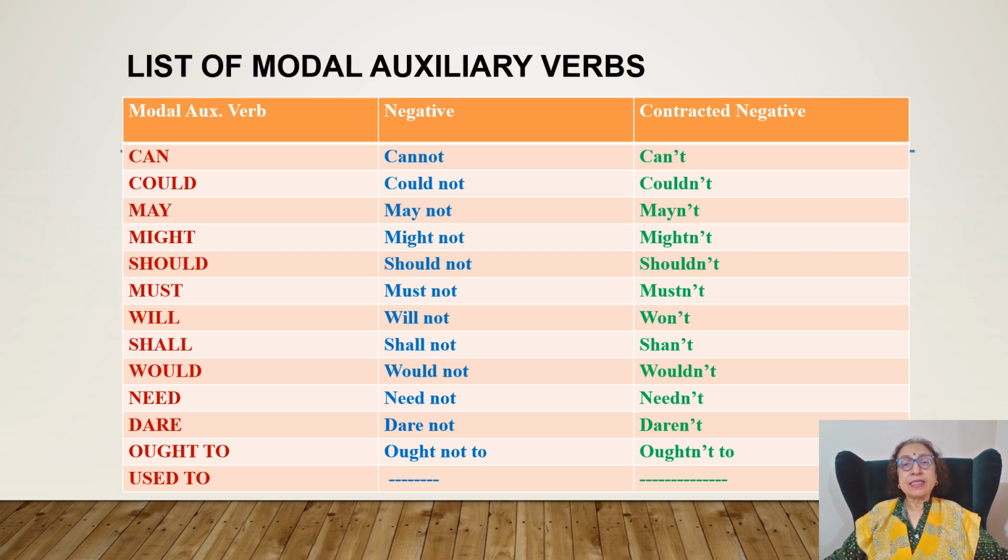Usually, need, dare, ought, these have the to addition. That means they use the verb form with to in front. That is the root form. And then used to. Used to does not have a negative form. Usen't to, we don't really use. And then it doesn't have a contracted form also.